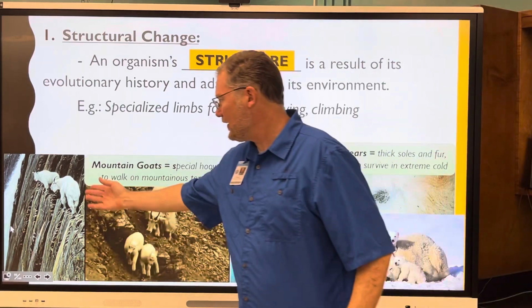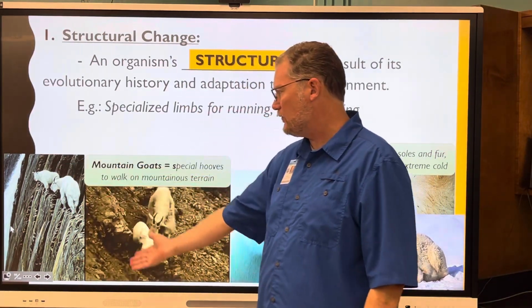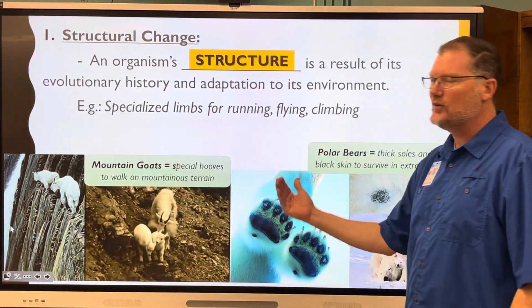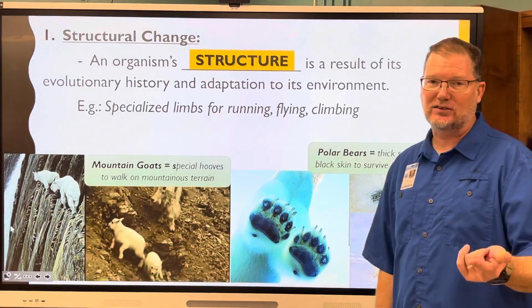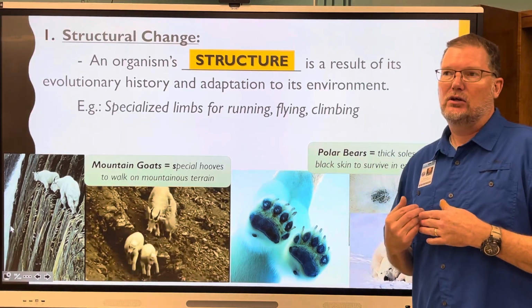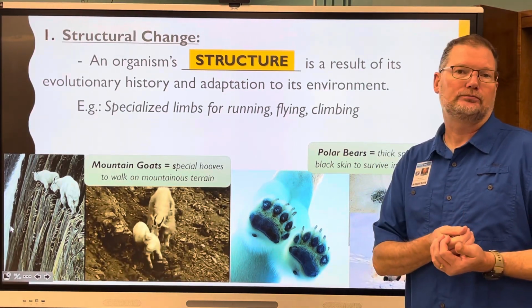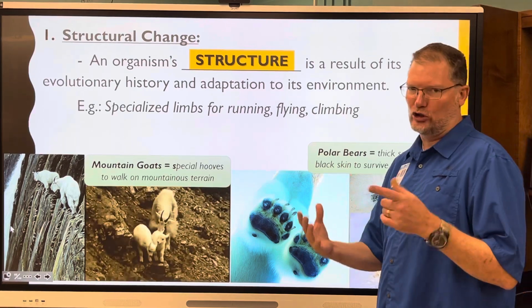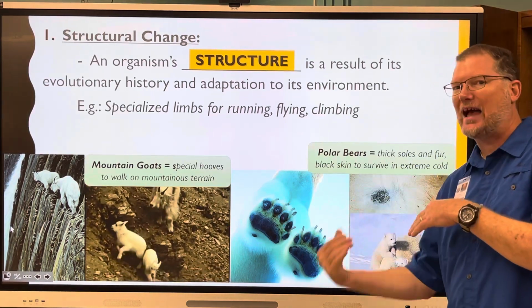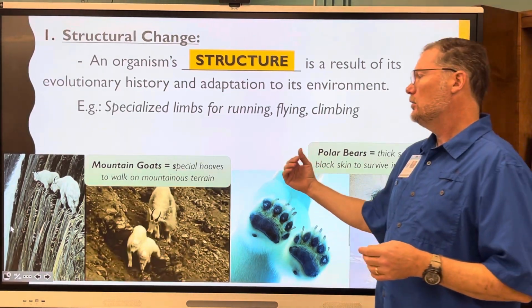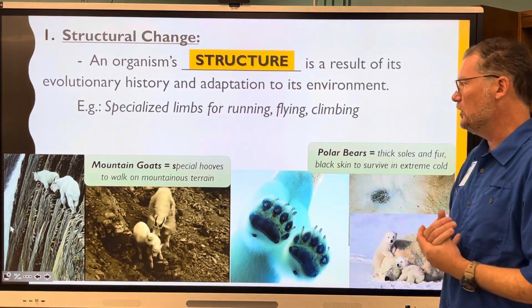So, I mean, this is where they live. They're not having fun or exploring here. They live on these cliff sides, and the main reason they live there is to escape predation. Their species has adapted to being able to live in that environment.